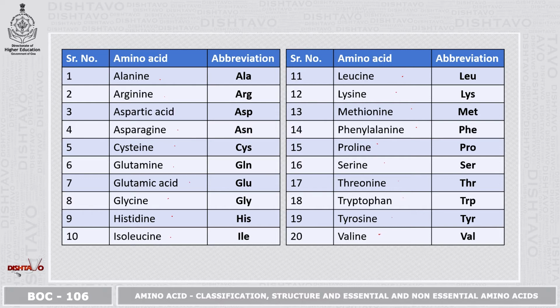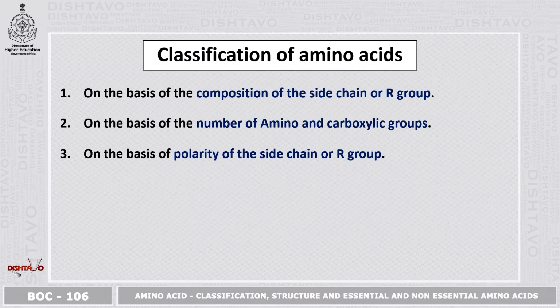So these are the 20 amino acids, and here these are the abbreviations ALA, ARG, ASP for the respective amino acids. Same way here, these are the abbreviations for the respective amino acids. Leucine is abbreviated as LEU. For example, then valine, VAL. Then isoleucine, it is ILE. This is how it is abbreviated.